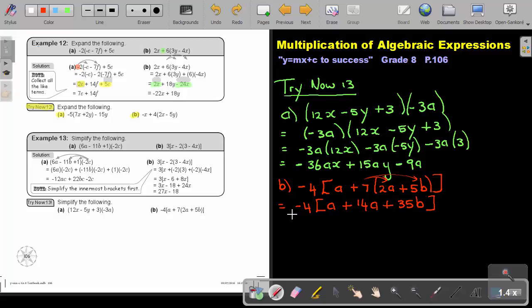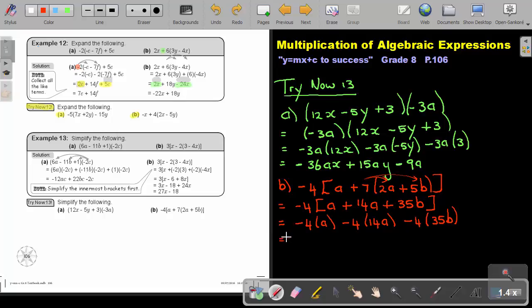And now, I'm even going to do it with this one also, not bringing in the double step. No, I think I'm going to bring in the double step due to the fact that it's negative. So it's negative 4, and you're going to multiply with a. And then write again negative 4, and you're going to multiply with 14a. And then again negative 4, and you're going to multiply with 35b.